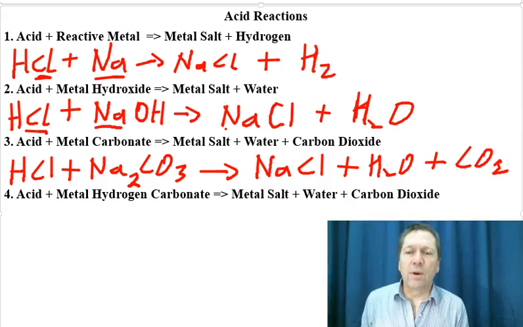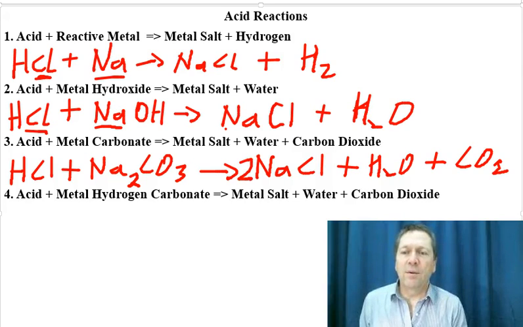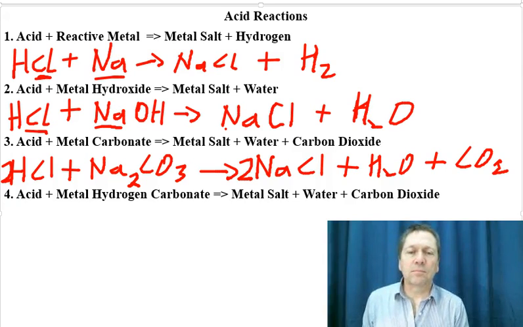Just having a look at our equation, we started off with 2 sodiums on this side, and we've only got 1 on this side, so we need to balance our equation. That's going to be a 2 there. Oh, my pen's not working. There we go. A 2 there, and we're going to need a 2 over here as well. Sorry about the writing, it's a bit messy.